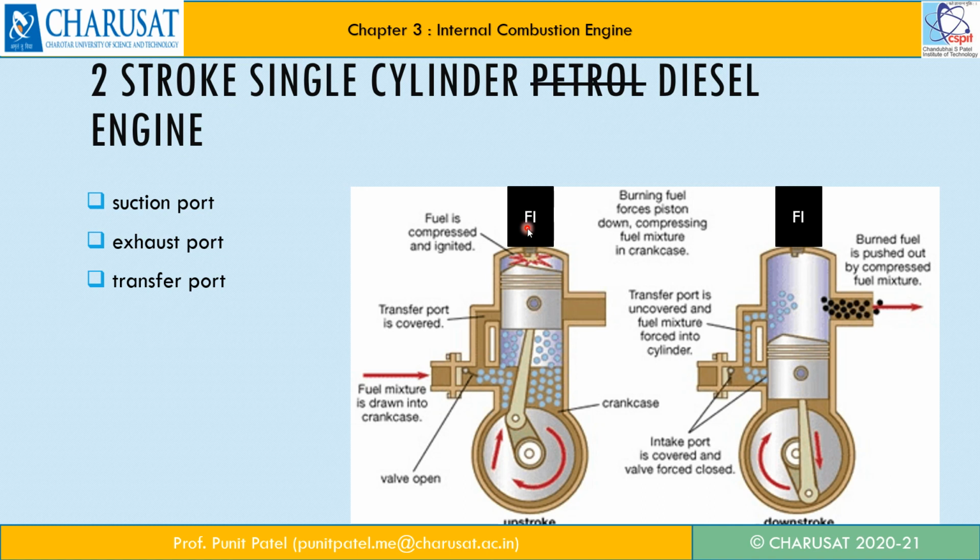So I think you may understand the working of the two-stroke single cylinder diesel engine, and I would like to give you this exercise as a self study, because here you have to replace the air fuel mixture with fresh air, and the spark plug with the fuel injector. Clear? So I would like to give you this as a self study.